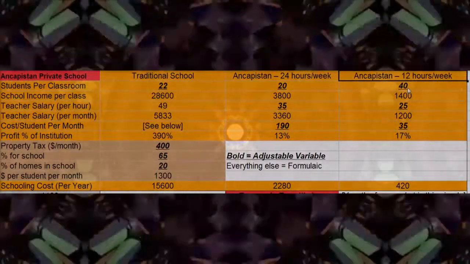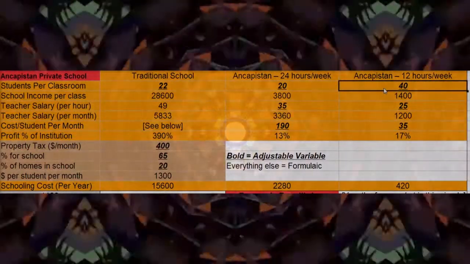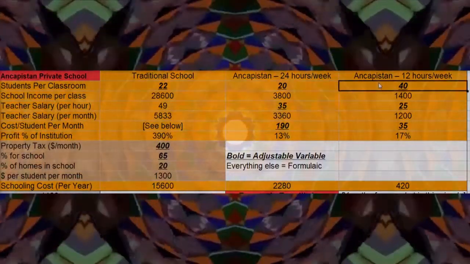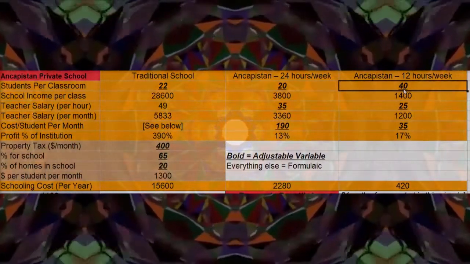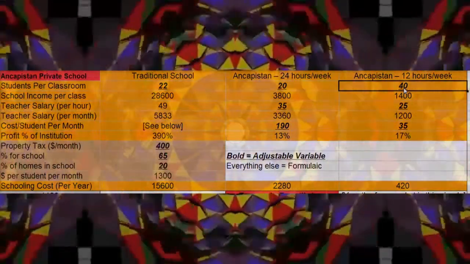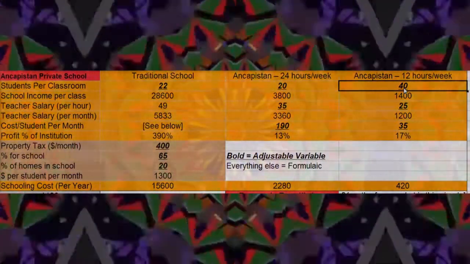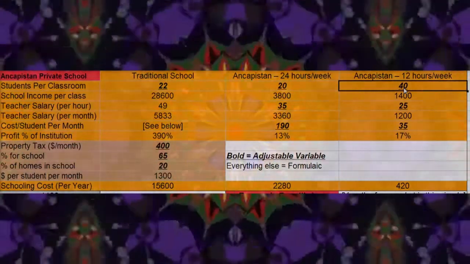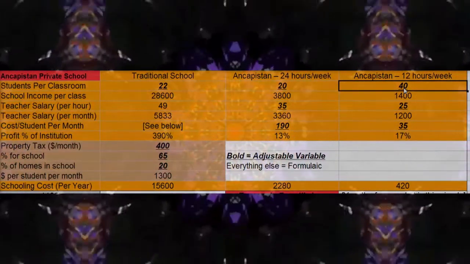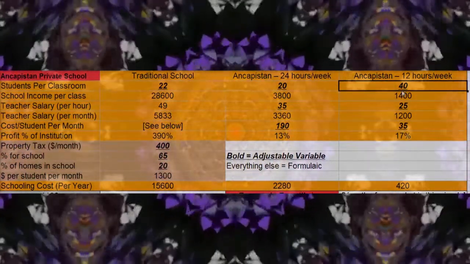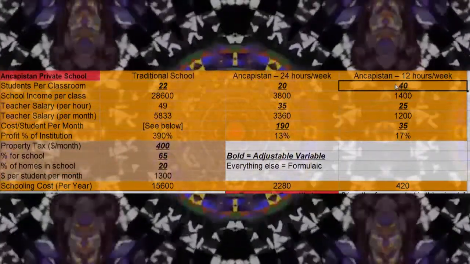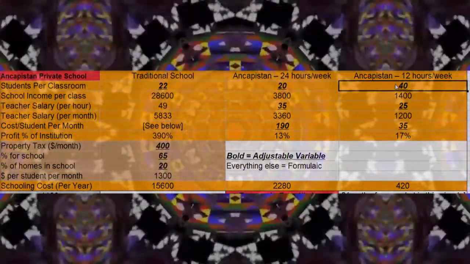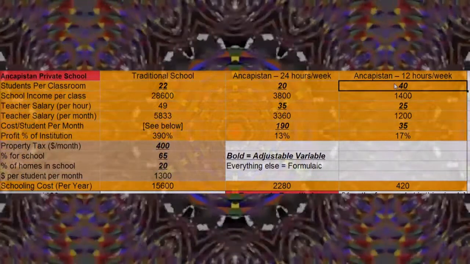So going down the numbers for the more affordable system, you have a larger classroom, but it's still not bad. It's still manageable at 40 students, especially if the students are well behaved, if the students are mature, and they have a good home, right? 40 students would be very, very manageable, and I couldn't really see too many problems with it.